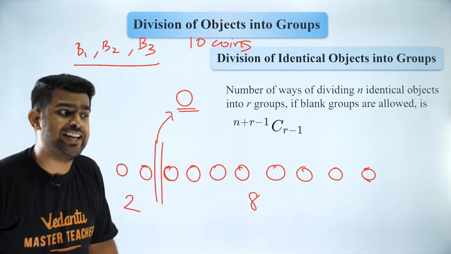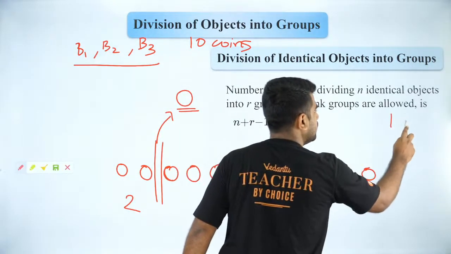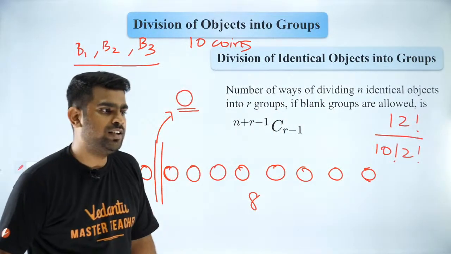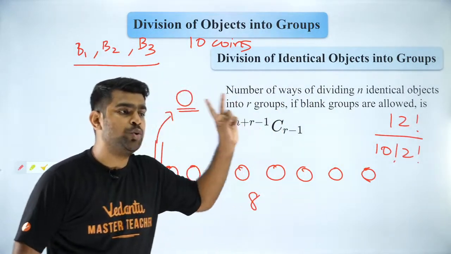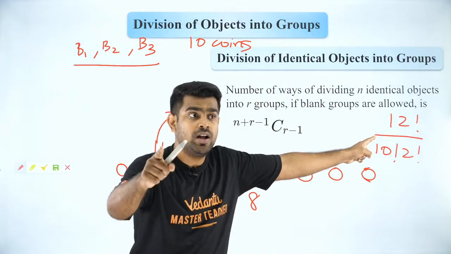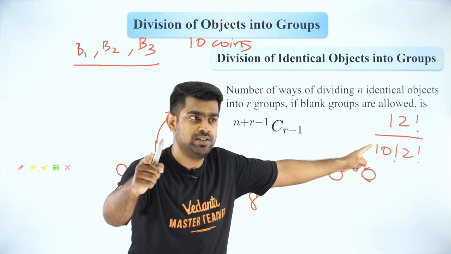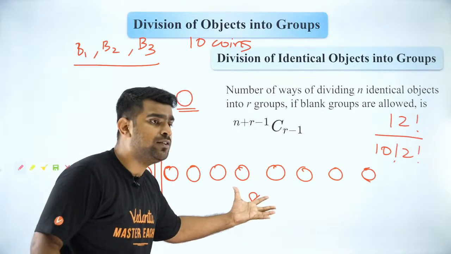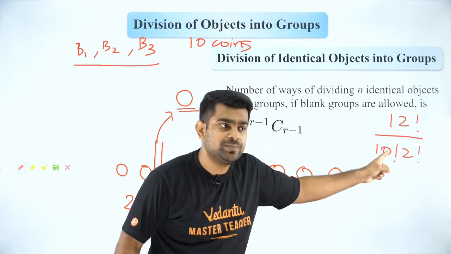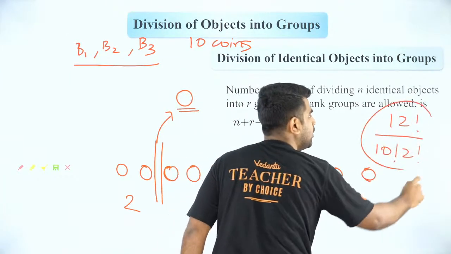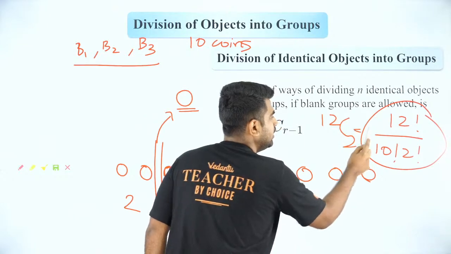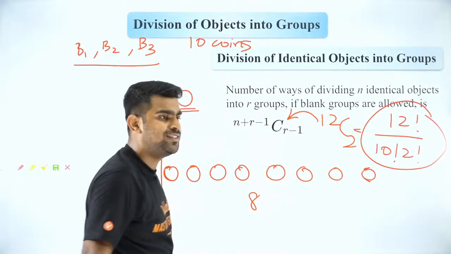In how many ways can I arrange them? We studied this yesterday: permutation of alike objects. We have 10 identical and 2 identical, so totally 12. Don't you think that is exactly what we got before? We got 12C2, and that is what I get by the formula.